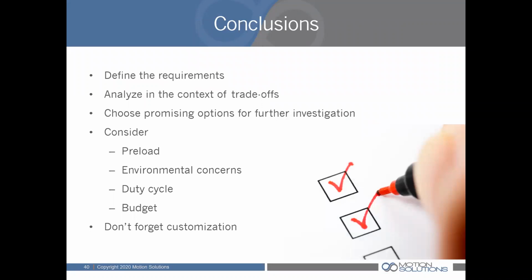So in conclusion, make sure you define your requirements. Look at all of the different things we discussed in the beginning that should be taken into consideration: preload, environmental concerns, your duty cycle, the form factor, again looking at the load capacity, cost. And one other thing to keep in mind, customization.